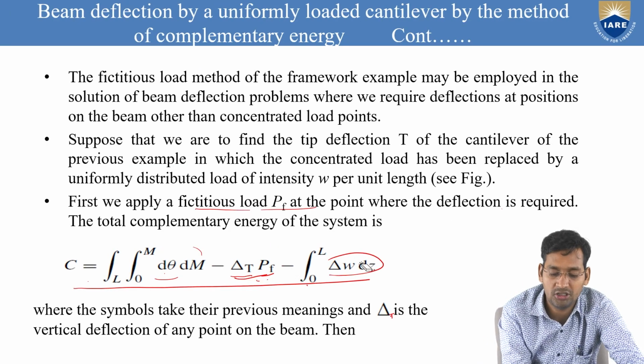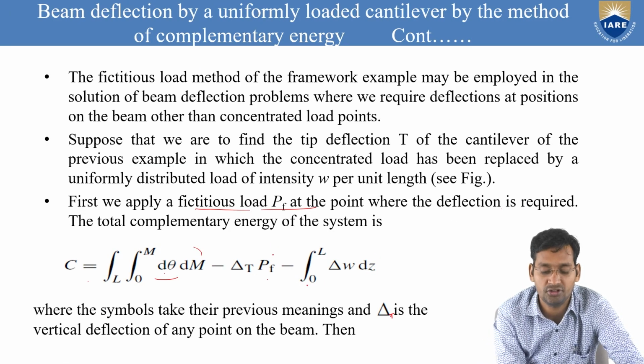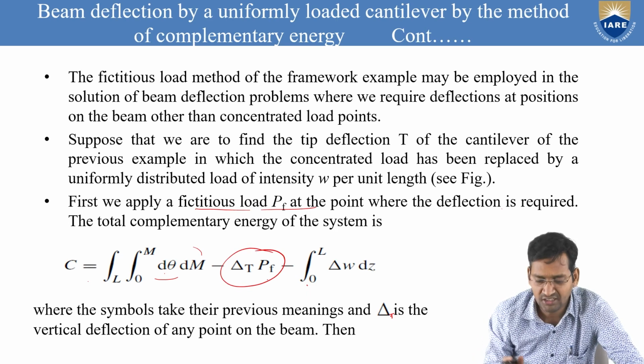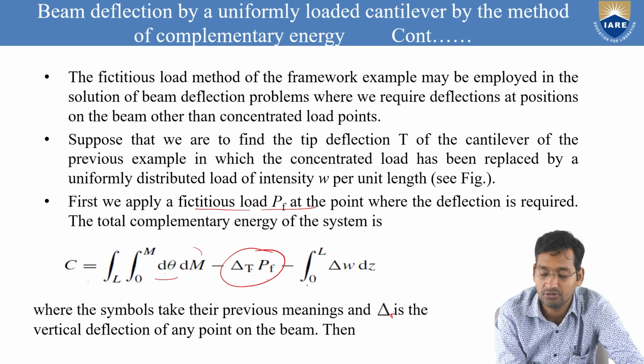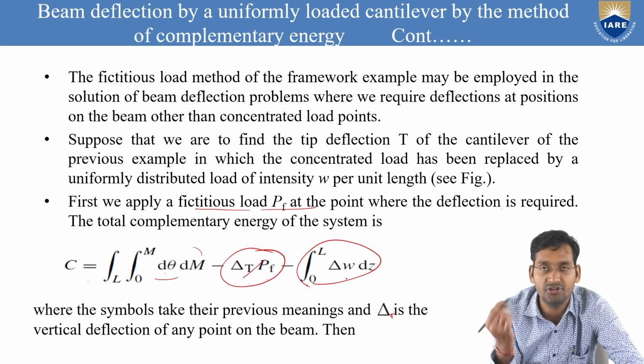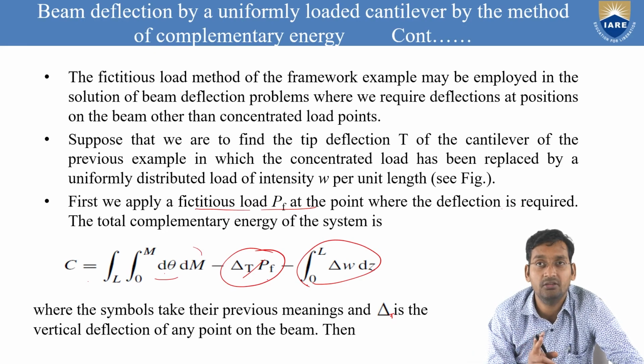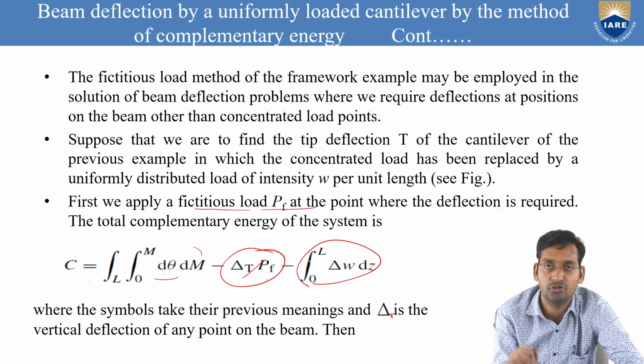So now all the load we consider. So this time this also we have to consider. In the previous case this was not there, only the P was there and the uniformly distributed load was not there. But this time, because that is varying with the length, we have to take it from 0 to L.